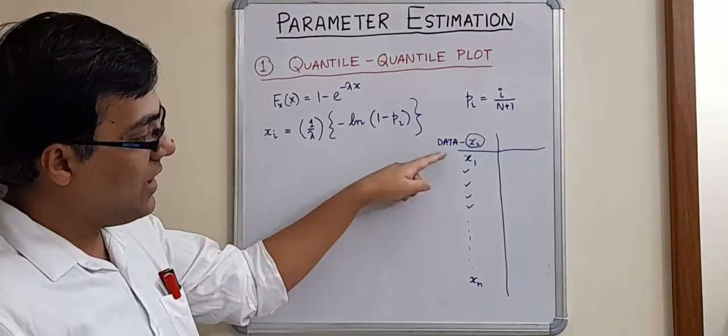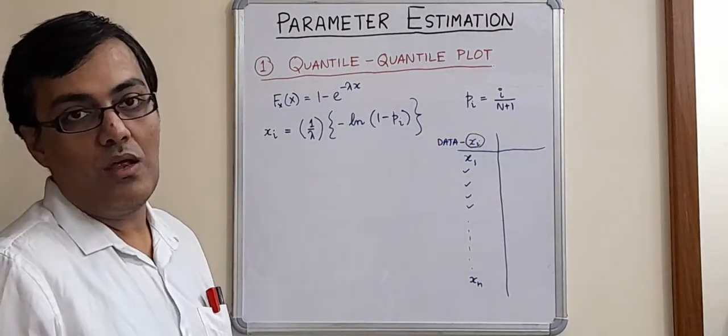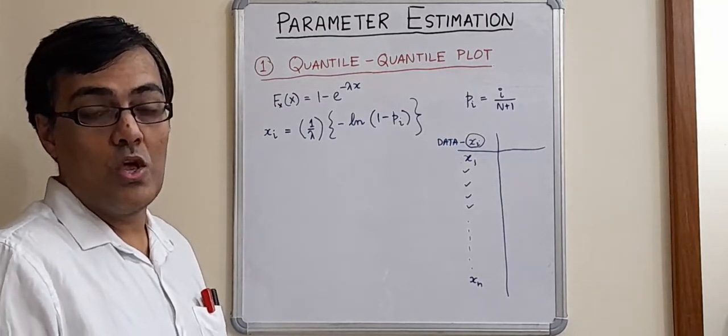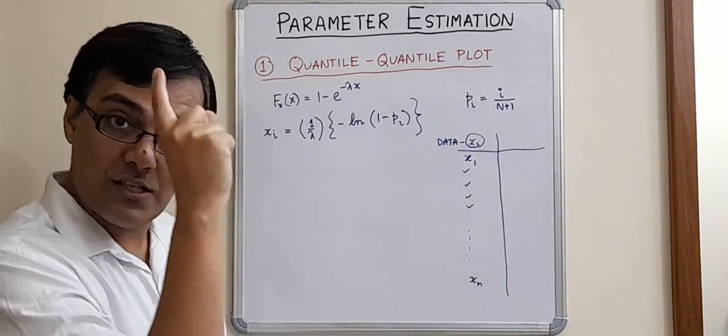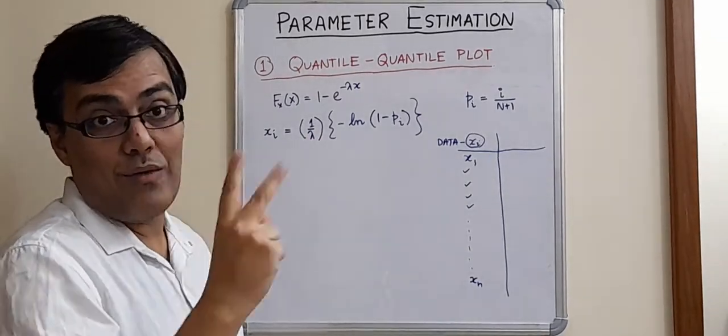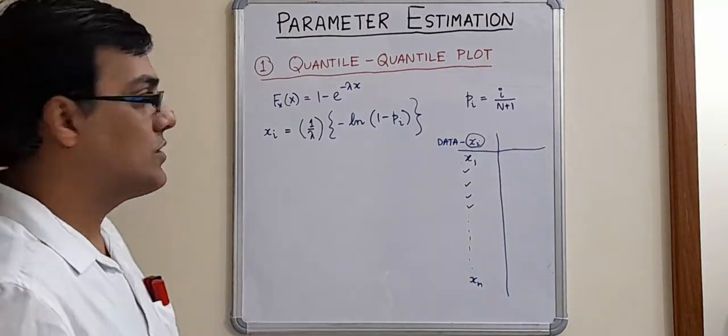So the whole idea is I will give you the data, you tell me what distribution it fits and what the parameters of the distribution are. So there are two questions. First is the distribution selection, number one, and parameter estimation. Two questions.